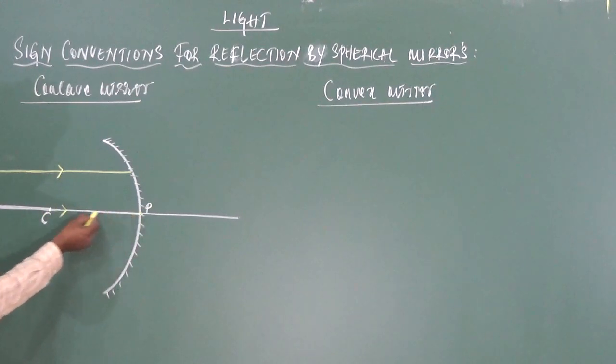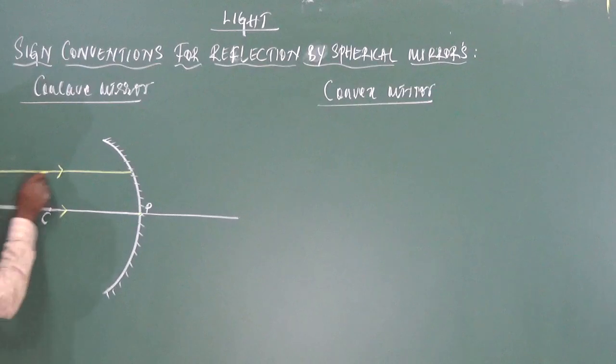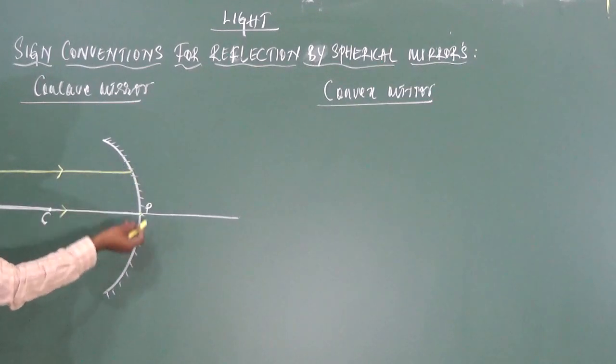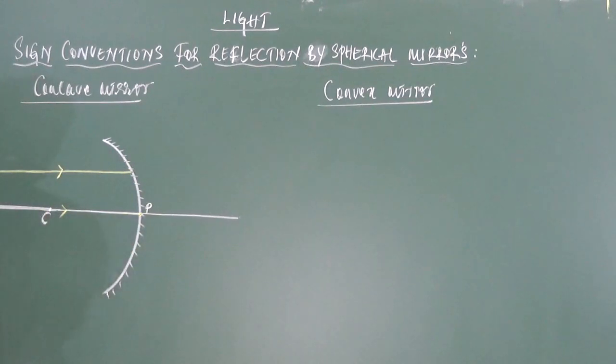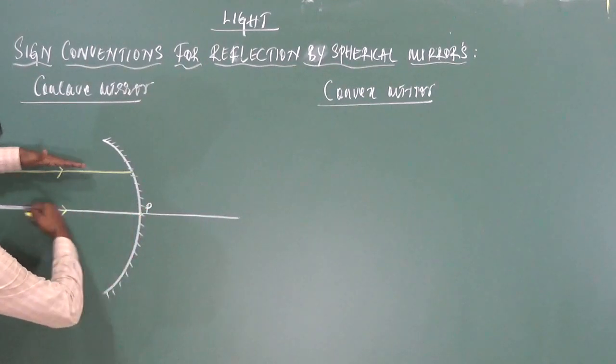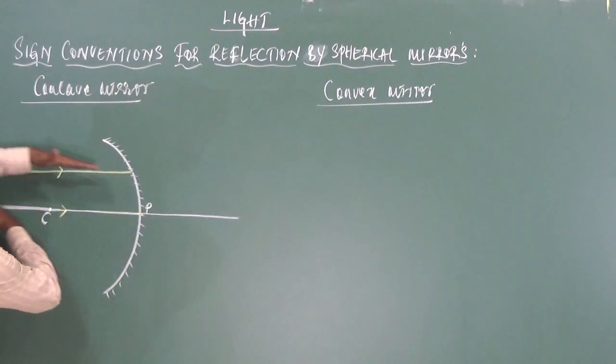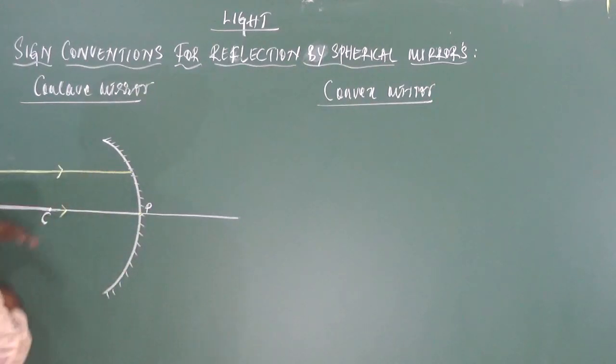As you are measuring in this direction, the incident light rays are moving in this direction. That means your measurement is being done in the direction opposite to that of the incident light rays. So you are doing it opposite.